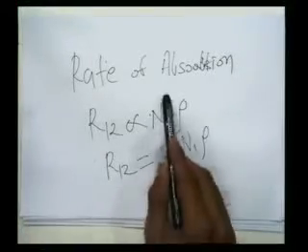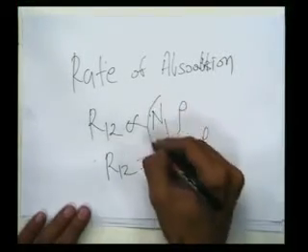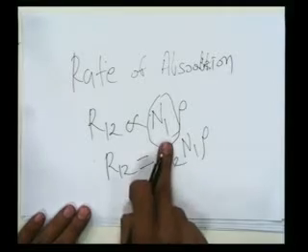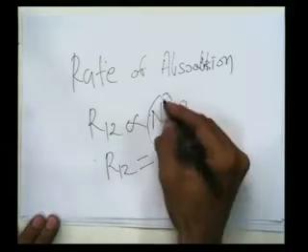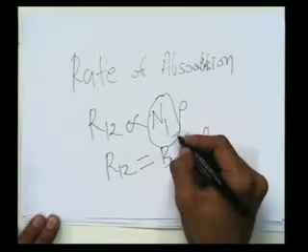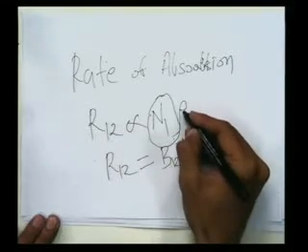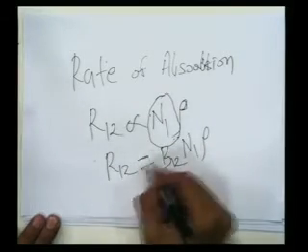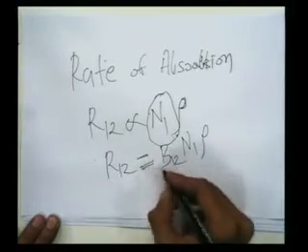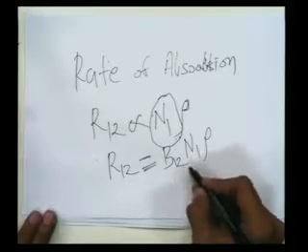So if we want to increase the rate, we require more electrons as well as more photons. Here the rate of absorption depends upon the number of electrons associated with the ground state, that is N1, and the external photons. As the number of electrons increases, the rate will be more, and as we increase the density of the photons, the rate will be more. So that is the first equation: R12, the rate of absorption, is equal to B12 N1 rho.